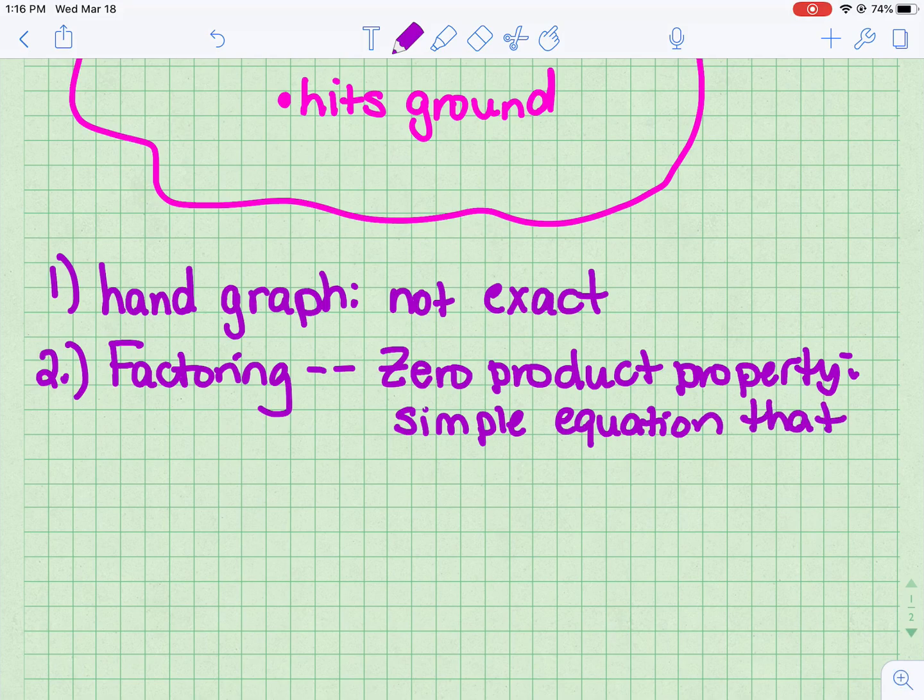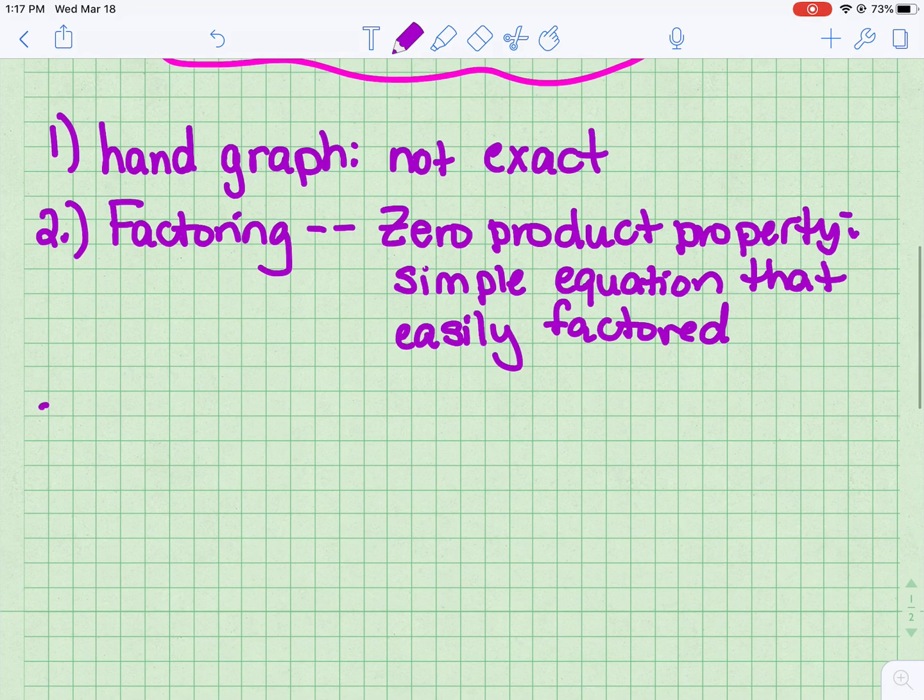So I always look for this, because if I can do this, that's going to be much faster than any of the other ways. So if I can see that it's easily factored, I'm going to use factoring.